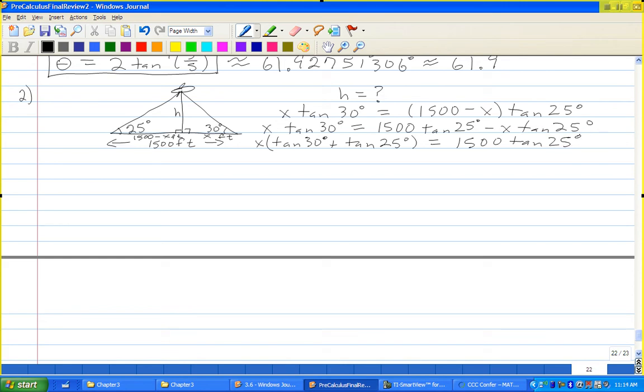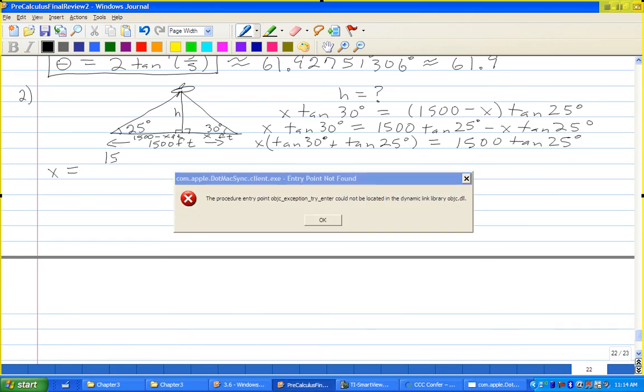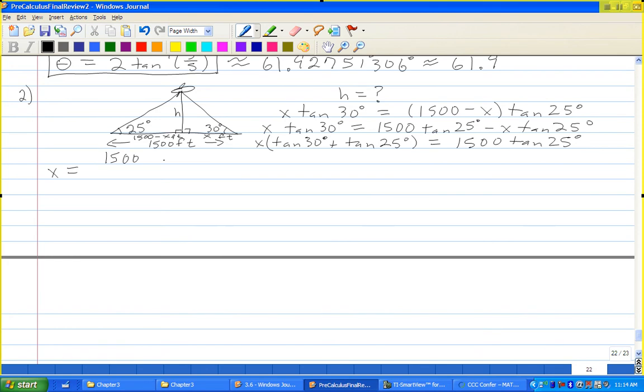So that says that X is equal to 1500 tangent 25 degrees over tangent 30 degrees plus tangent 25 degrees.